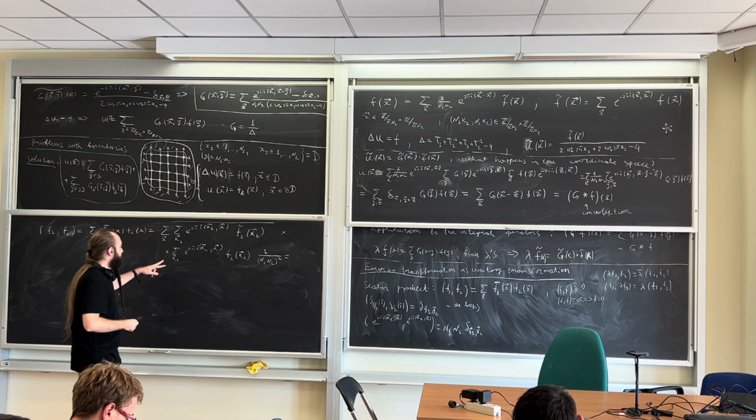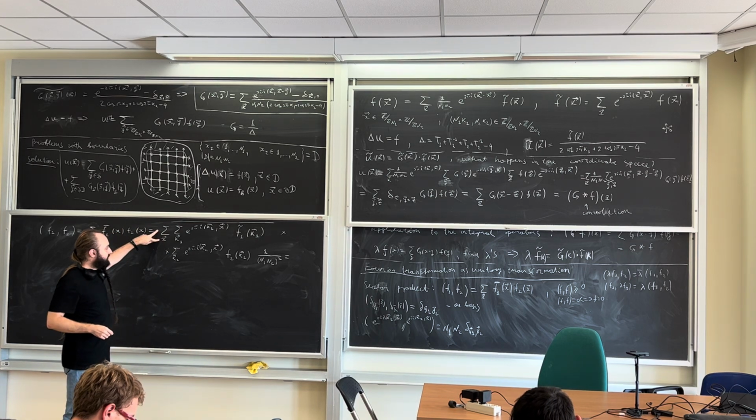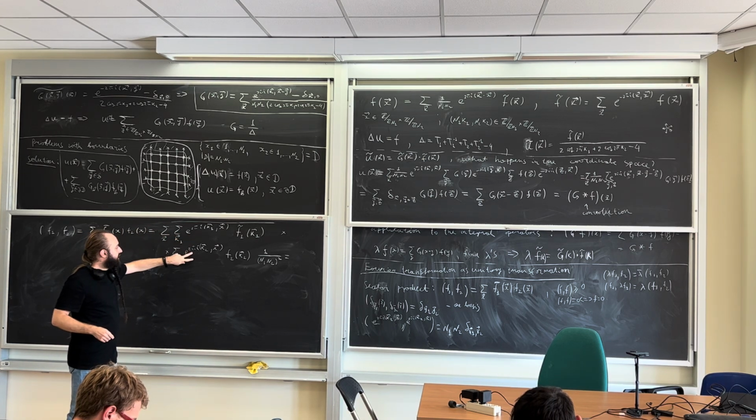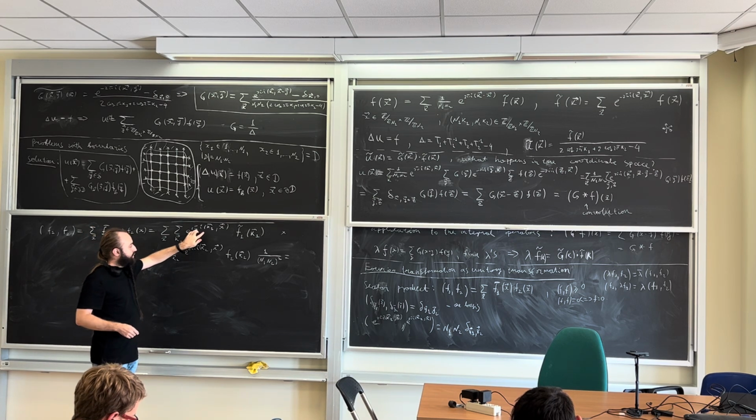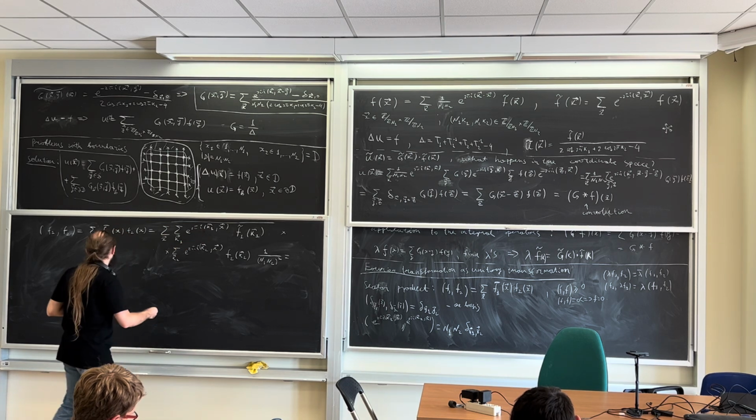And now as before, we take the sum over x of the conjugate of this exponential with the same exponential with the minus sign.